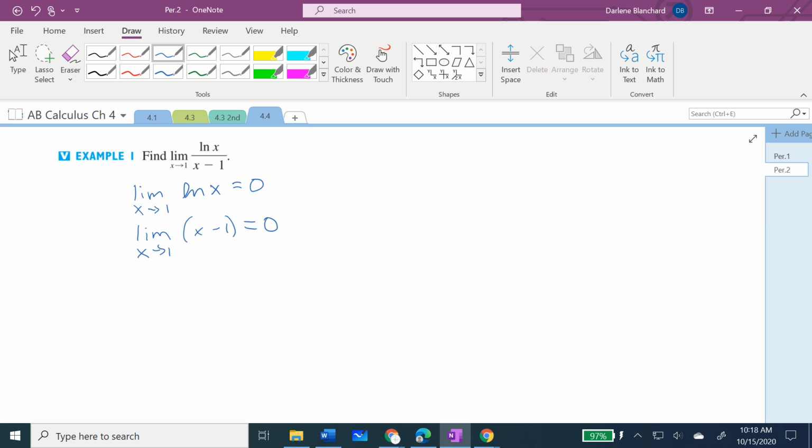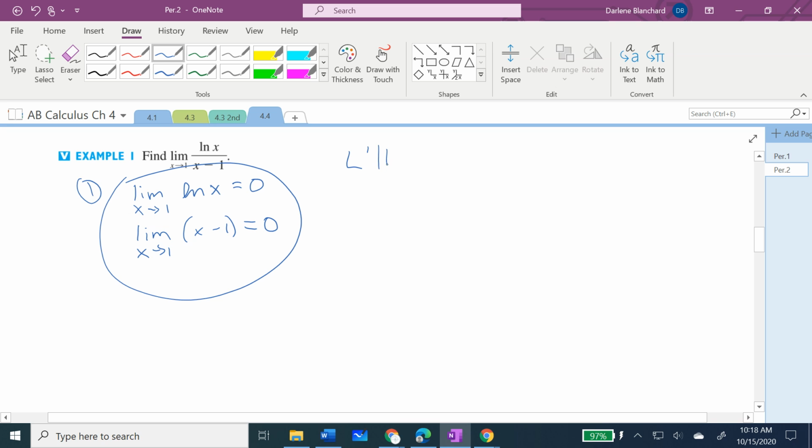I recommend it is better form if you say that you are L'Hopitaling. So this is said first, then you say, I'm going to L'Hopital. I'm abbreviating because I want to. So L'Hopital's rule says the limit as x approaches 1 of the natural log of x over x minus 1, knowing this information, is allowed to be equal to the limit as x approaches 1 of.